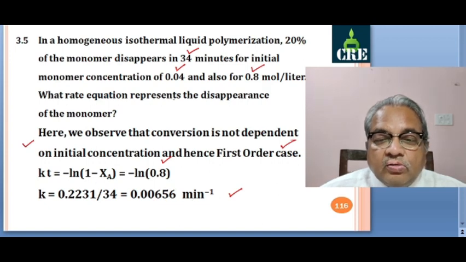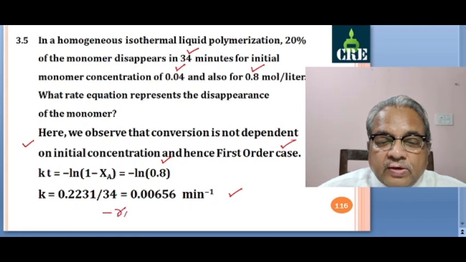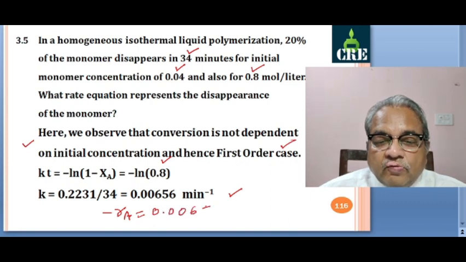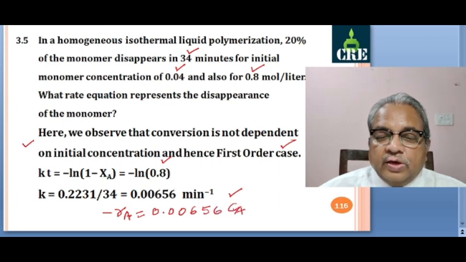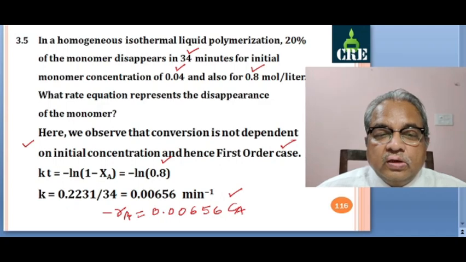So what is the rate law? How will you write the rate law? Rate law will be minus rA is equal to 0.00656 Ca. This is the rate law.